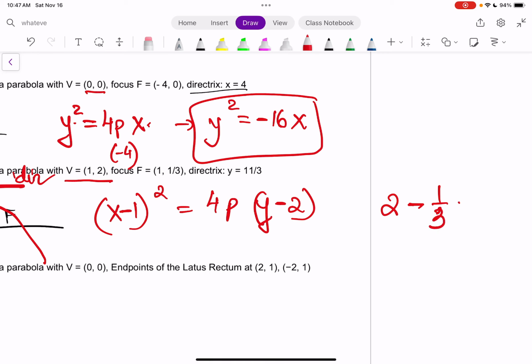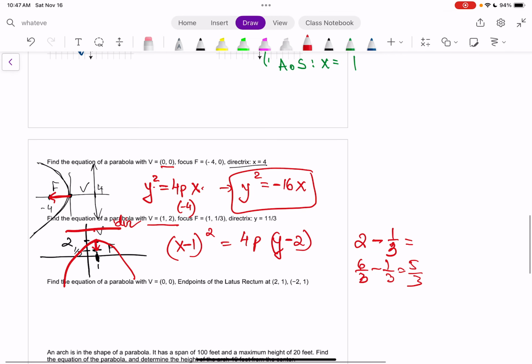So 2 minus 1/3 is 6/3 minus 1/3, which is 5/3. So we had to go down by 5/3. And so therefore, p is going to be negative 5/3. So that's what I'm going to plug in there.